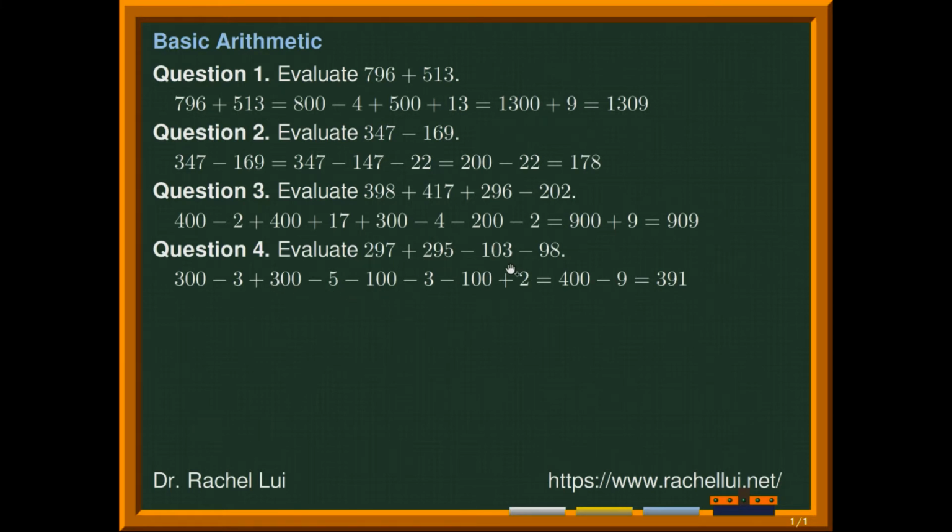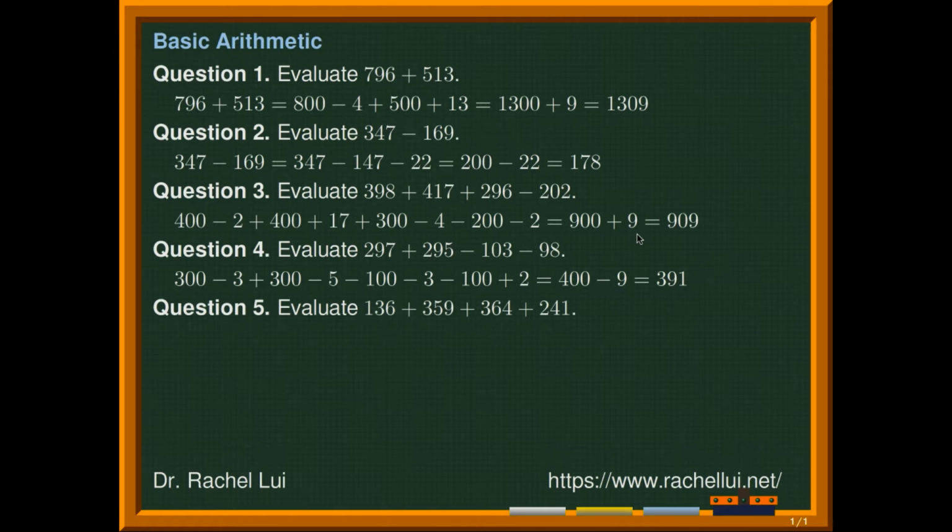Minus 103 would be minus 100 first and then minus 3. Minus 98 would be minus 100 plus 2. So the answer is 300 plus 300 minus 100, which is 400. And then minus 3, minus 5, minus 3 plus 2, which is minus 9. So the answer is 400 minus 9, which is 391.